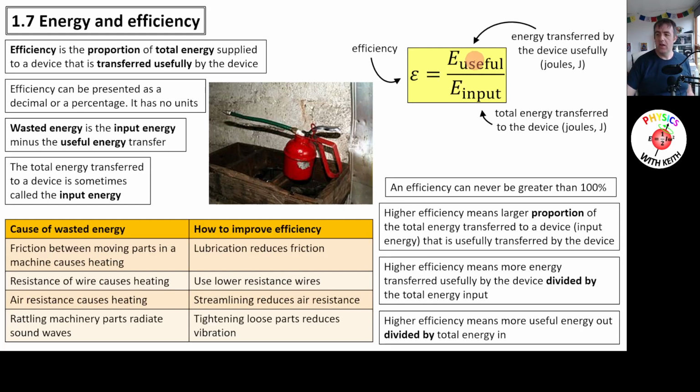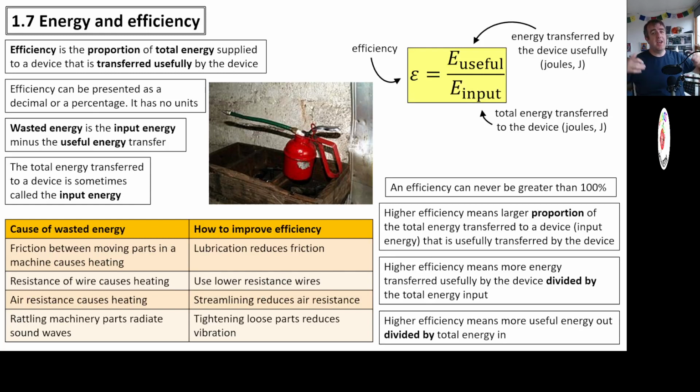That's the useful energy store, the destination of the energy into a store, which is what the appliance is designed to do. Input energy is the total energy that comes in, which is also the total energy that comes out, because energy is conserved.